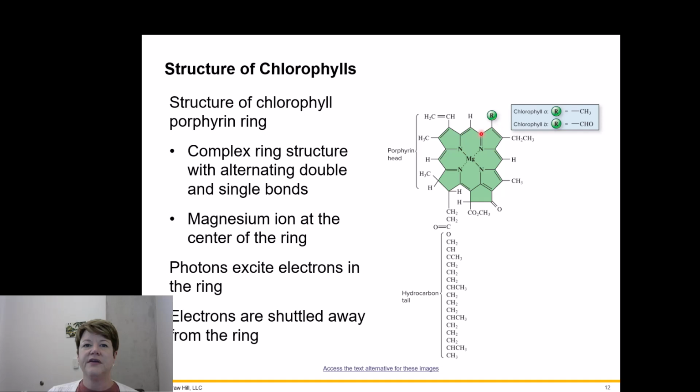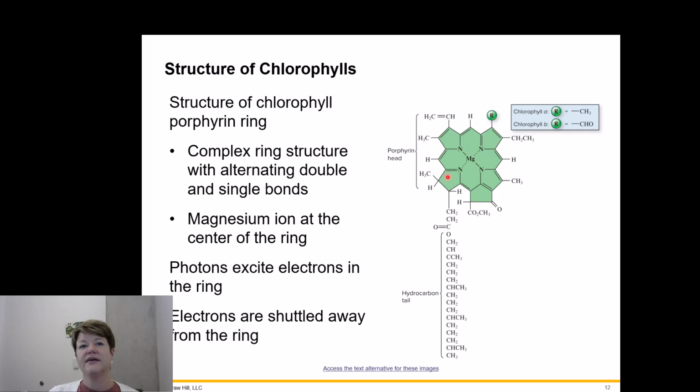There is a fairly large structure composed of carbons and hydrogens. And remember, anytime you have two lines that come together and there's no letter there, that's a carbon. So all these intersections of lines represent carbons, and then there's some nitrogen. In the middle, there's a magnesium. But you have this fairly large structure.